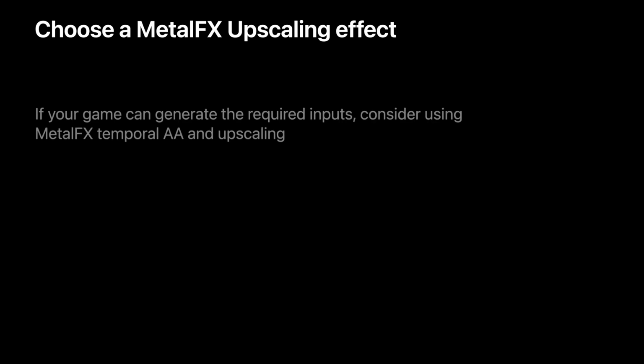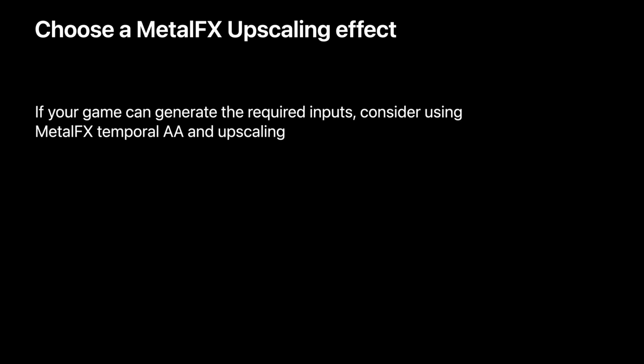When deciding which of these 2 effects to choose, there are some considerations you should also keep in mind. With ever-increasing shading costs and pixel counts, temporal AA and upscaling is here to stay. Amortizing pixels temporally increases visual fidelity and boosts performance. If you don't already have a great temporal AA solution and can render jitter color, motion, and depth buffers, MetalFX temporal AA and upscaling provides a compelling platform-optimized solution that you should consider.